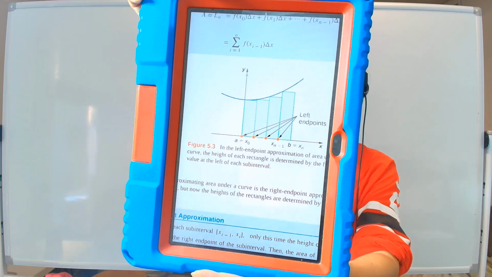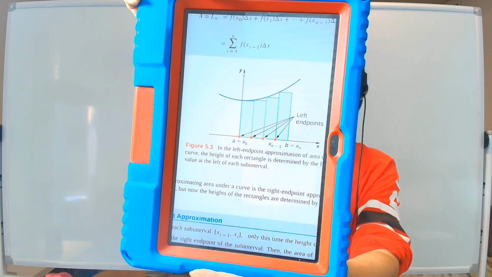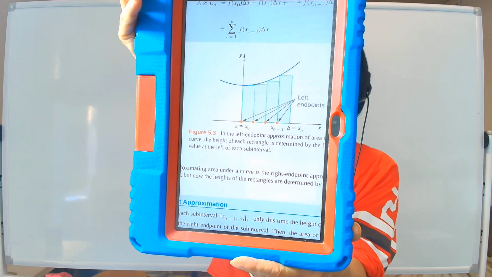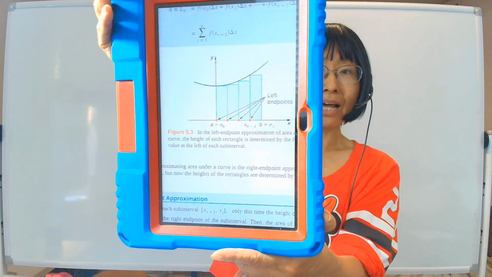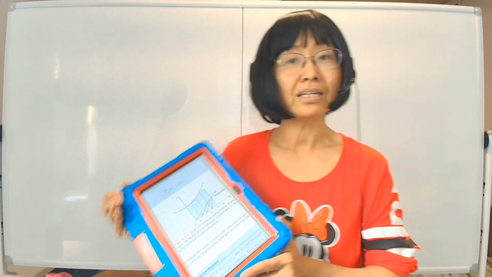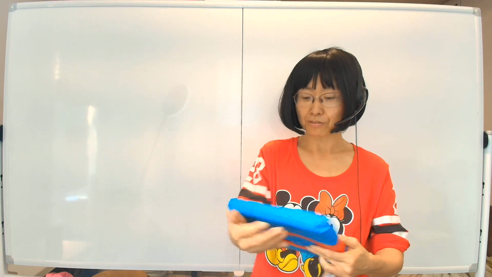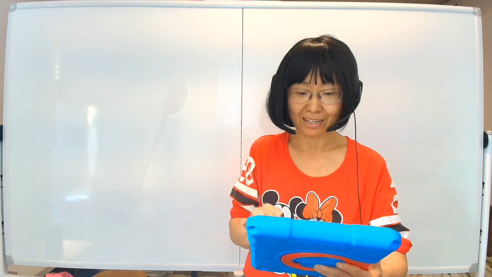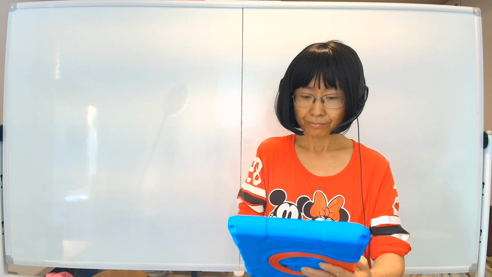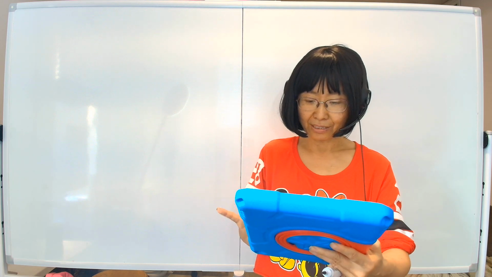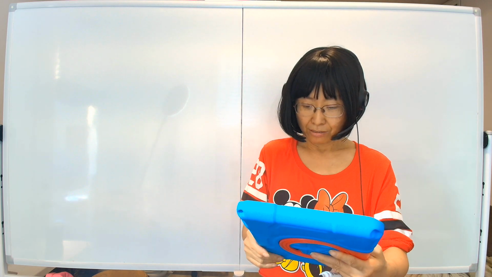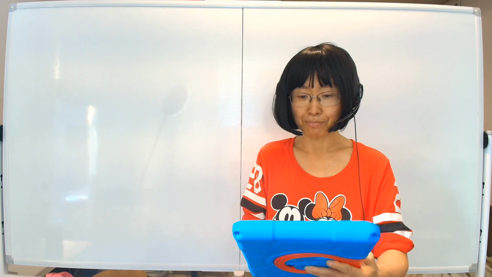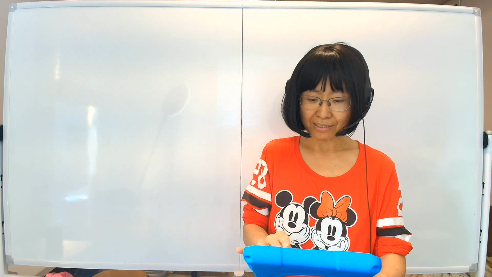Then we calculate the area of each slice and add it all up. That only approximates the area under the curve, of course. It's not the exact number, but at least we have an approximation. The slicing of it into equal parts is called a partition, so if you hear me say partition, you will know what that means.